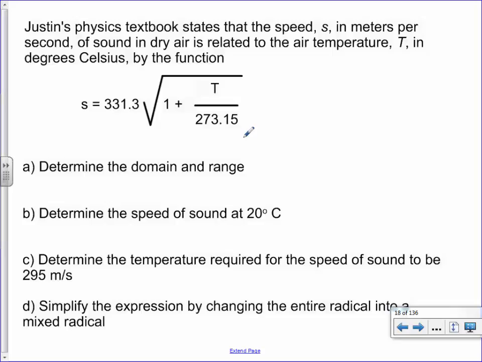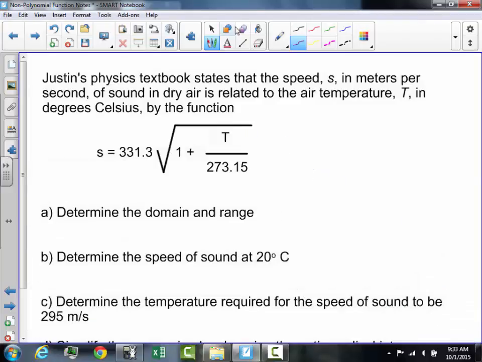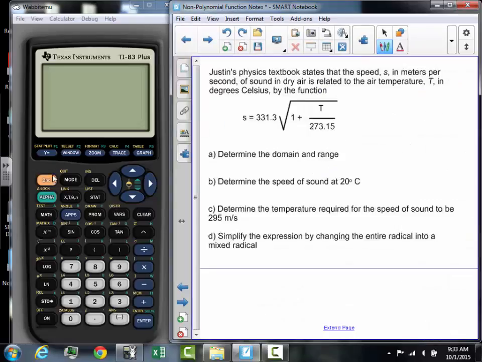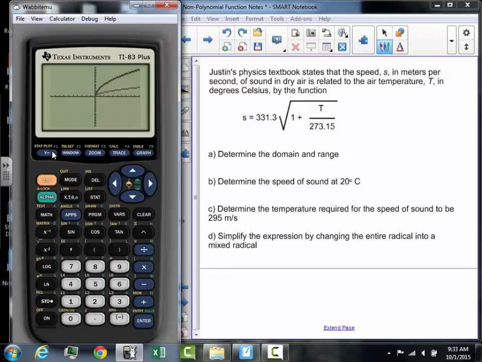So here's the good news: we can use our graphing calculators. Let's plug this into our graphing calculator. Just make sure you're very careful with how all of this works. So we have 331.3. Then I have to square root. I have an older calculator than some of you, so I'm going to open up a bracket here.